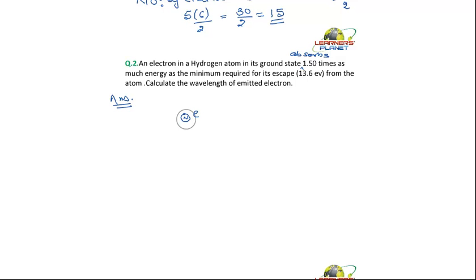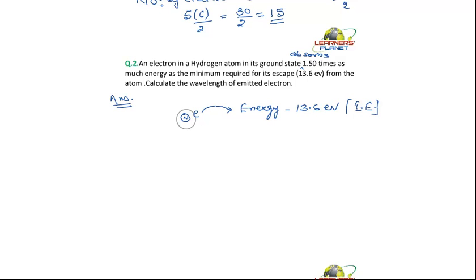For its escape, meaning for this electron to move out, how much energy is required? It is 13.6 electron volts. So 13.6 electron volts is required for the escape of the electron. That means it is its ionization energy.